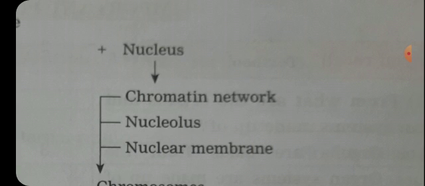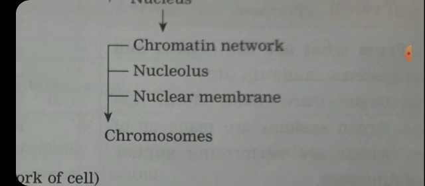Nucleus, it is covered by double layered porous membrane. One round nucleolus is present. Network of chromatin fibers are there. Short, thick chromosomes are formed from chromatin fibers by condensation at the time of cell division.